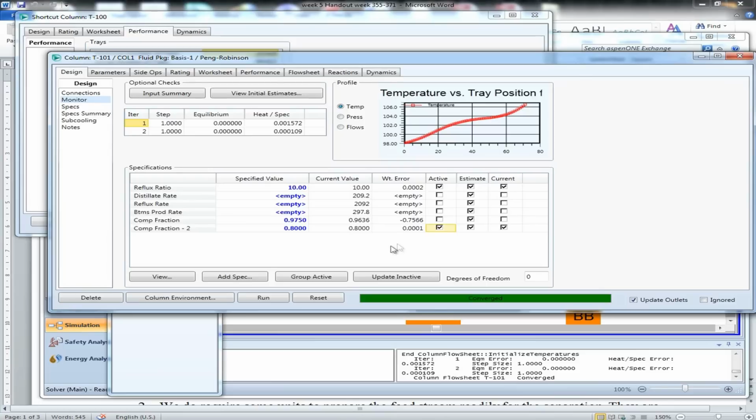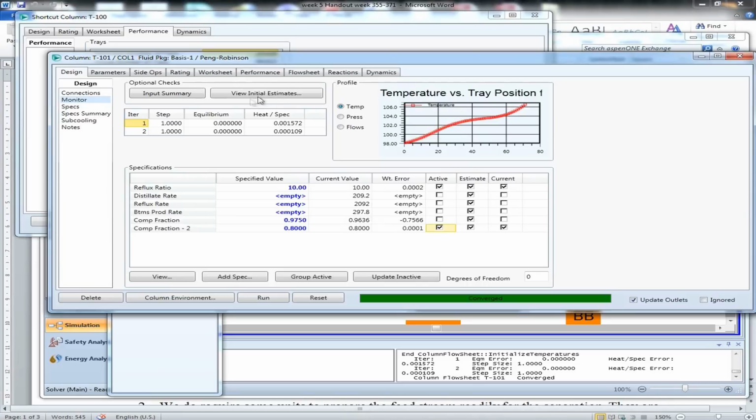So in this case, we fix the composition in the bottom to be 80%. However, we cannot make it 97% like what we want in the handout. But at least it's not too far from the specification.